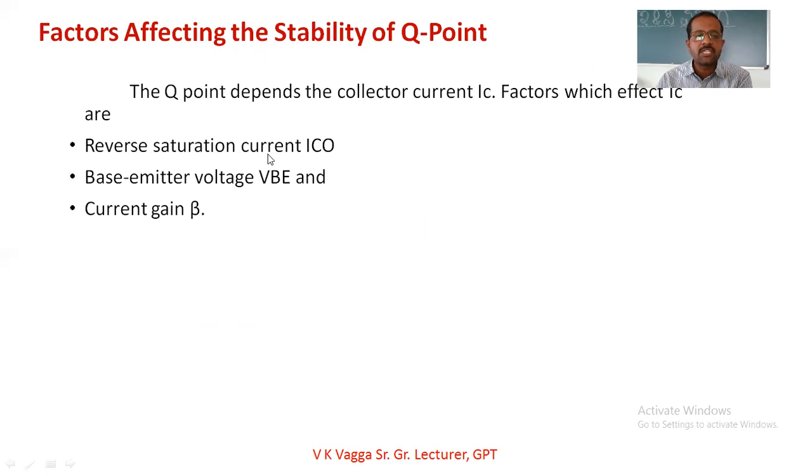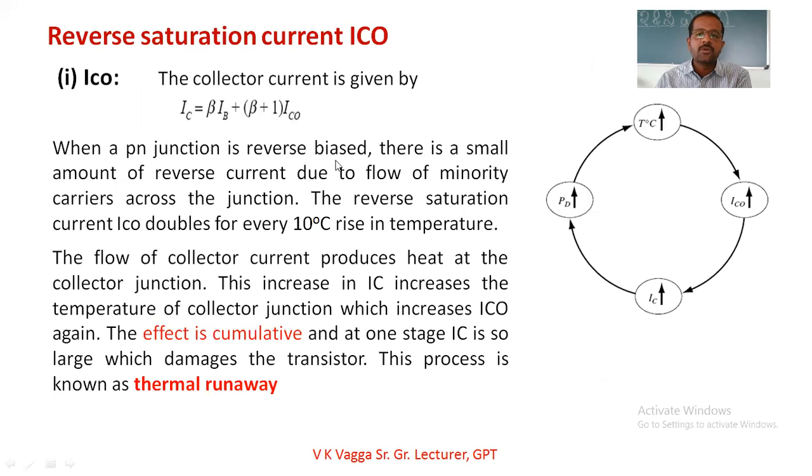So the reverse saturation current, the base emitter voltage, and the current gain beta all vary according to the variation of the temperature. Increasing ICO increases IC, increasing IC increases the potential difference, increasing the potential difference increases the temperature, and increasing the temperature again increases ICO.